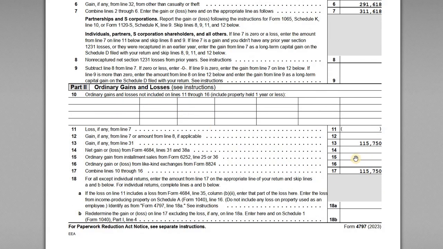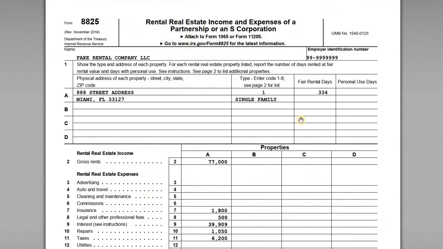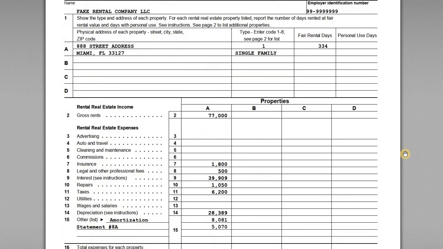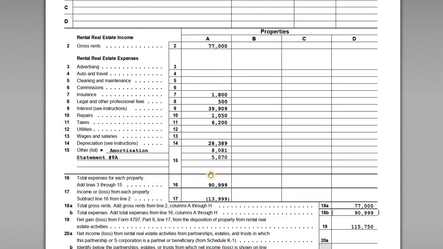All right, so that's our 1231 gain from the 4797. Now the ordinary gain or loss, the $115,750, because this is a rental property, this amount flows through to the 8825. So if we look at our 8825, rental real estate income and expenses, we've got the activity for the current year there, plus the increase in amortization for the payoff of the note early.